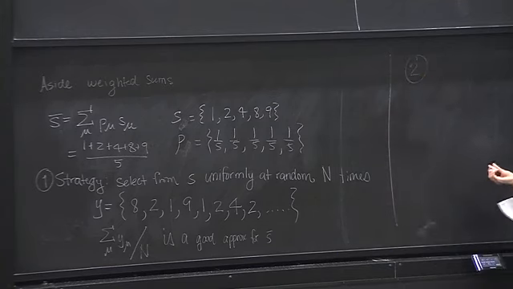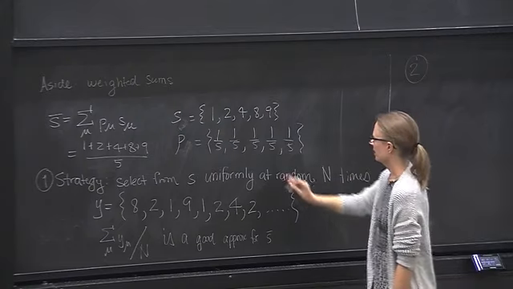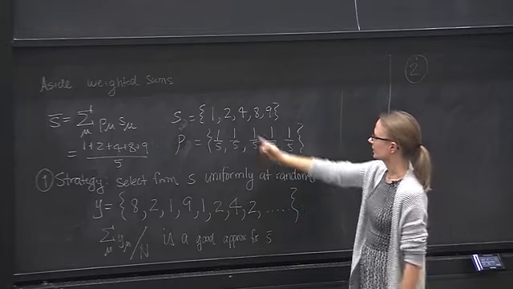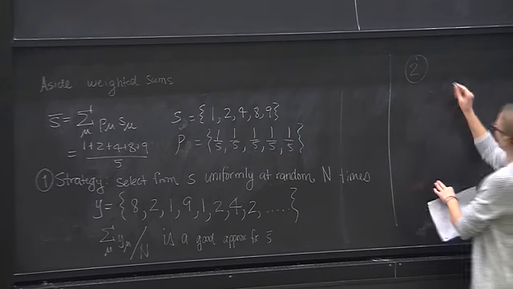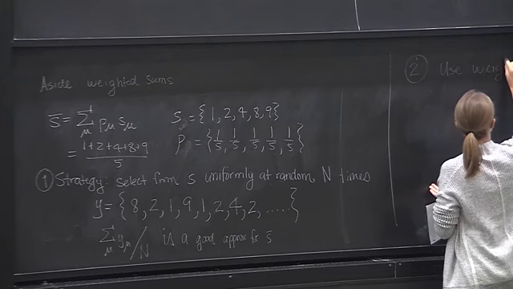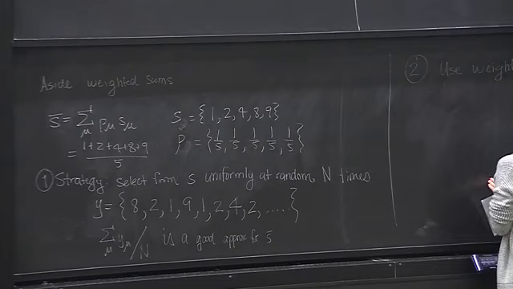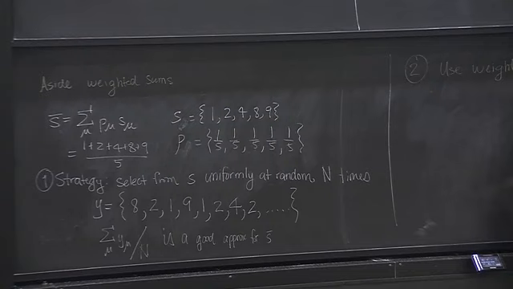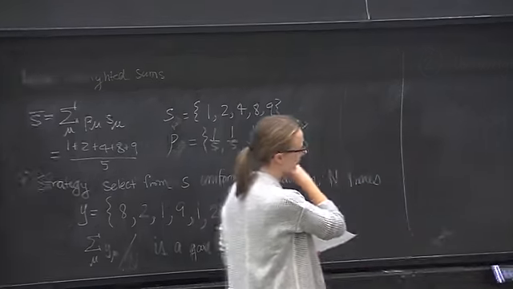But maybe for some reason I can't choose from this distribution. Maybe I have to use the weights like this, which was the example I gave before.